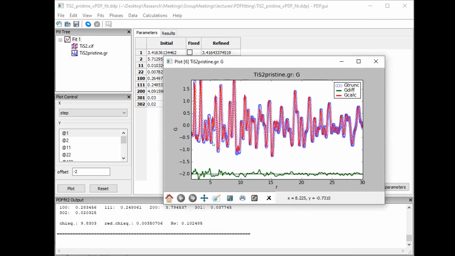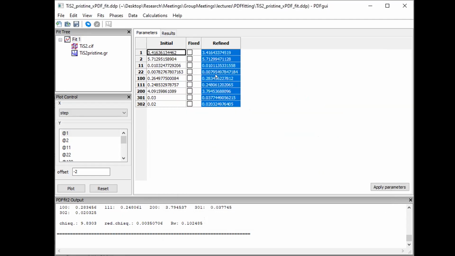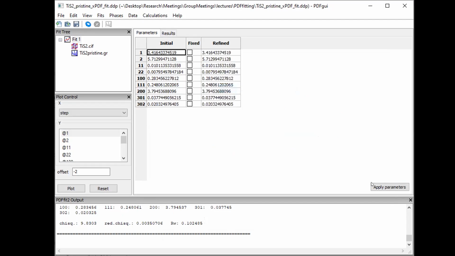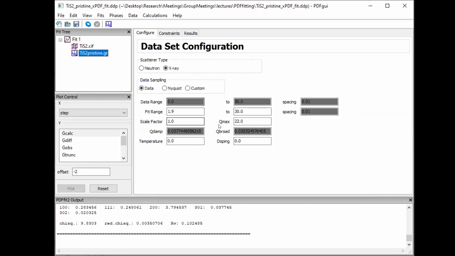Okay, so probably this is the best we can get. We have all the parameters defined, and there's no obvious reason that we want to go further, because we do not really have a good justification for defining the other parameters, since there's no more complications about this material. And also, by the way, if you remember, I mentioned at the beginning, you can redefine the range you want to fit, right?